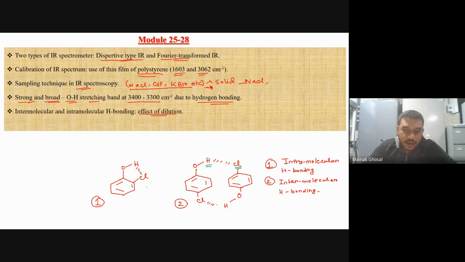Now, what is this? This is orthochlorophenol. And this is parachlorophenol.